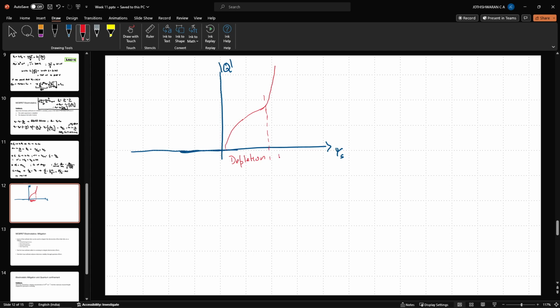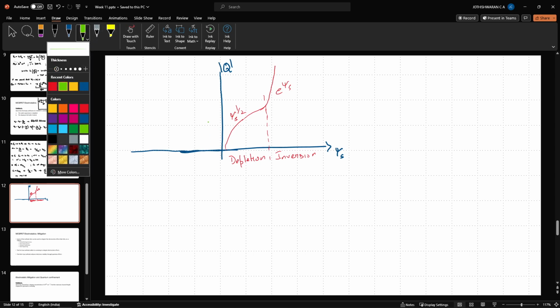So beyond this we have inversion. So I have psi s to the power half, and I have e to the power psi. This is the cost we have to pay to reach here. Remember, I didn't say charge was being accumulated previously because I said that's a separate regime of the device.